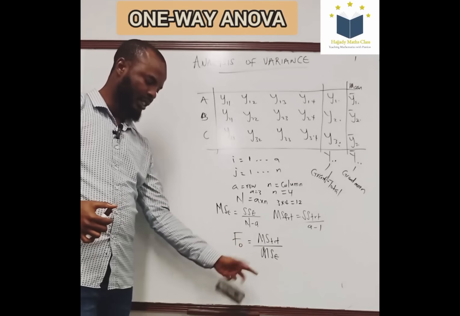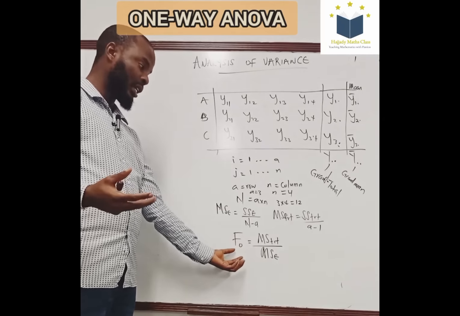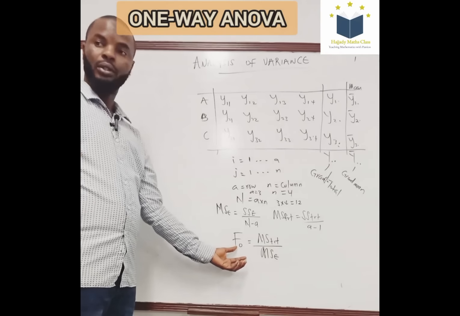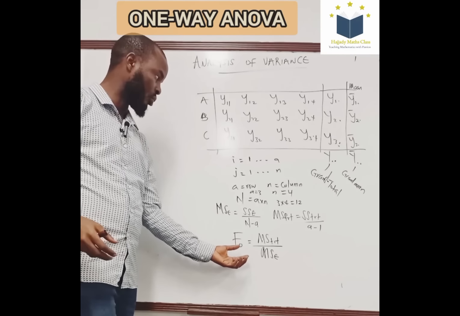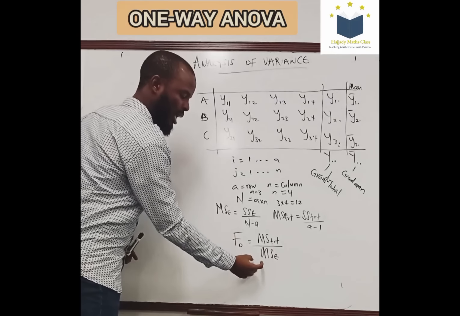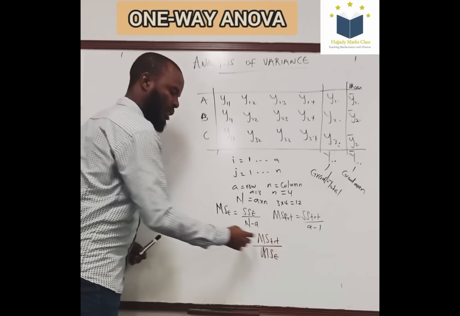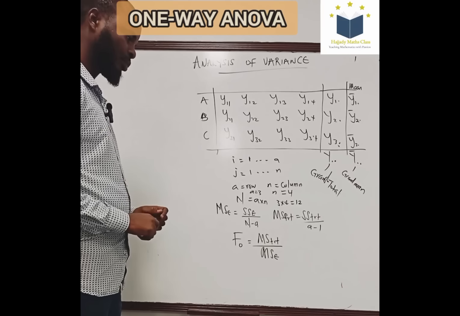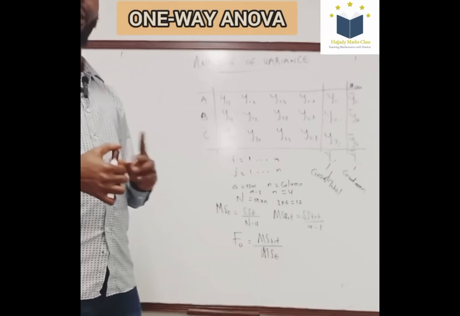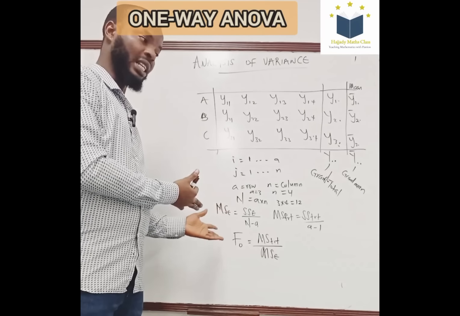So as a consultant statistician, although we have software to do this, you can use SPSS, R, SAS, and other software like that. But once you calculate your F naught or F observed, you need to determine whether to reject the hypothesis of the experiment.